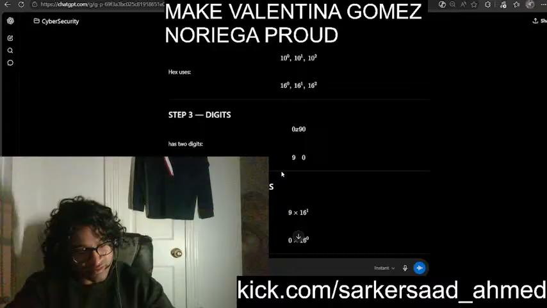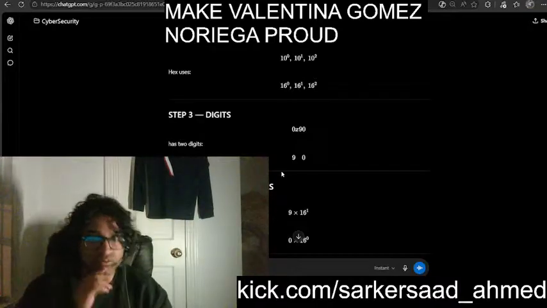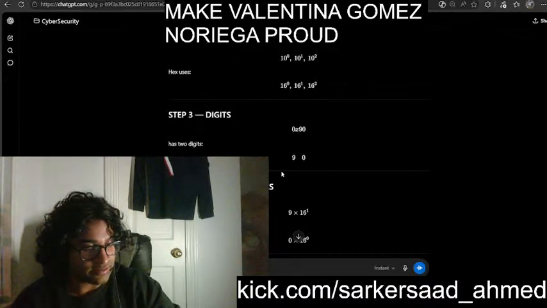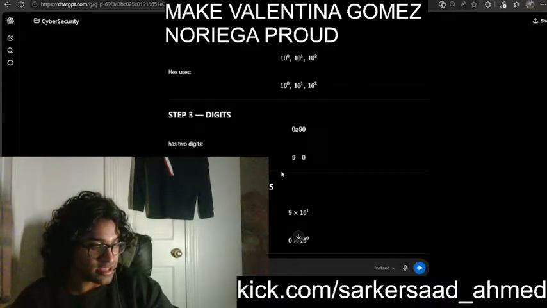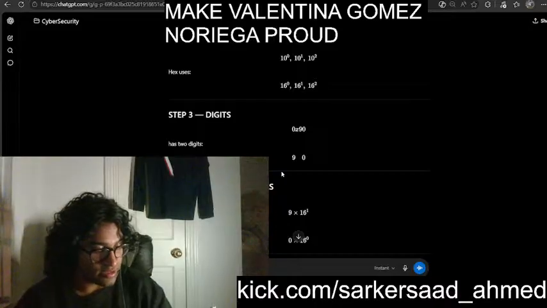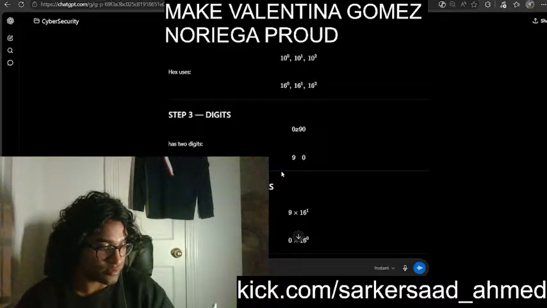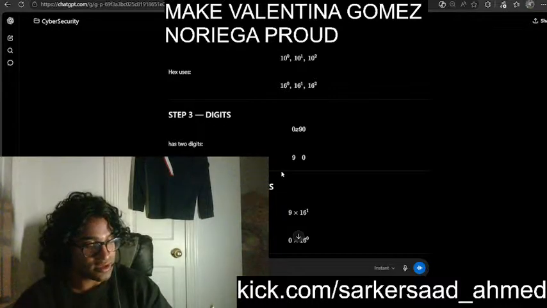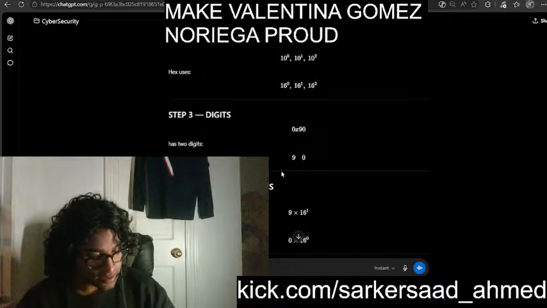If I have 0x90, obviously this will be 90, represented in hexadecimal, and I have 9 times 16, 0 times 1, so that is 144, and 144 is the decimal here. And if I convert it to binary, 1, 2, 4, 8, 16, 32, 64, 128, so 128 and 16.